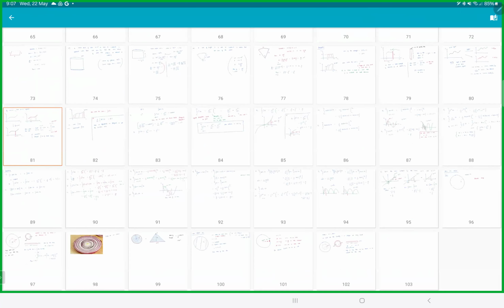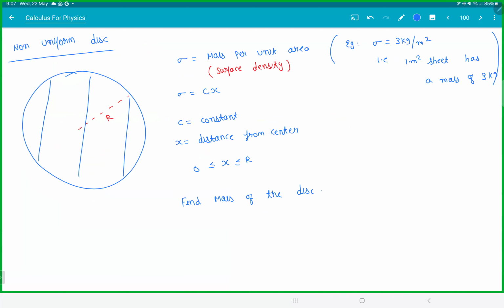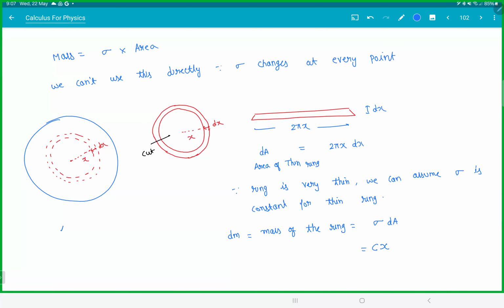So by assuming a very thin ring, we get dm, which is the mass of that ring, will be sigma into area. What is sigma? C into x, which is given. What is the area? dA, which is 2 pi x into dx. This is the mass of the ring.